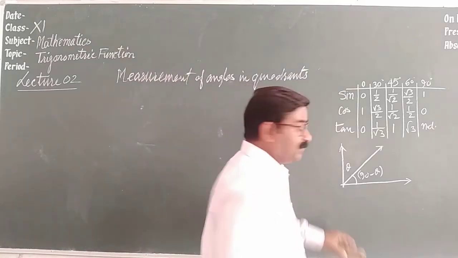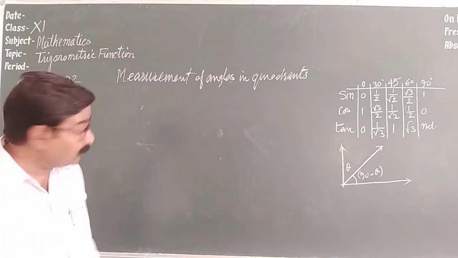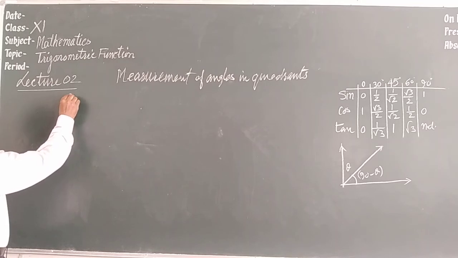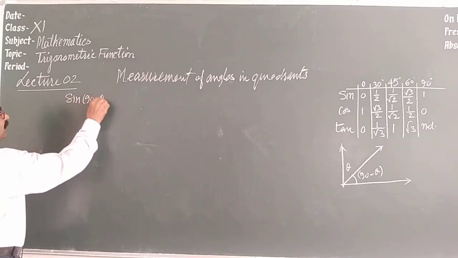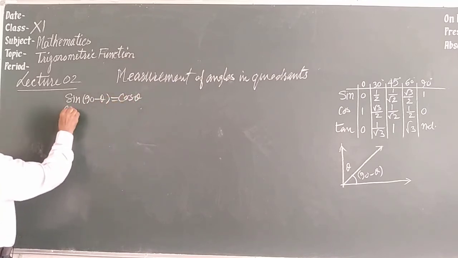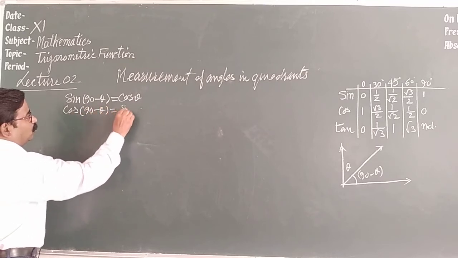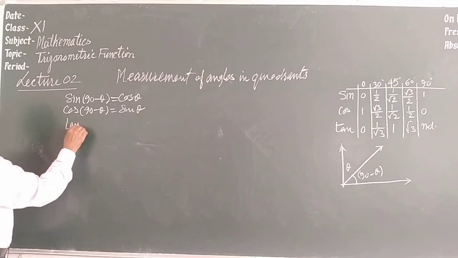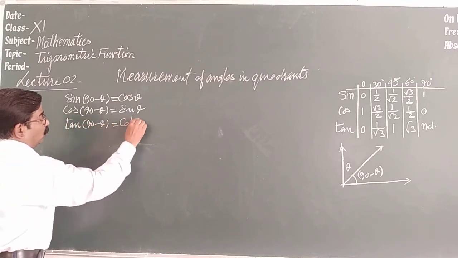I am going to give some ideas. See, I think you remember sine 90 minus theta is equal to cos theta. Cos 90 minus theta is equal to sin theta. Tan 90 minus theta is equal to cot theta.